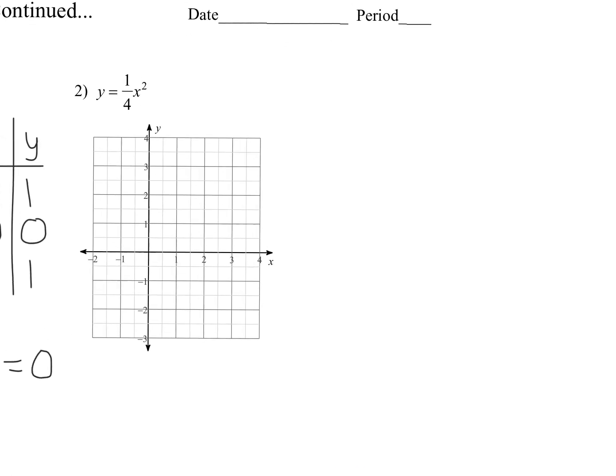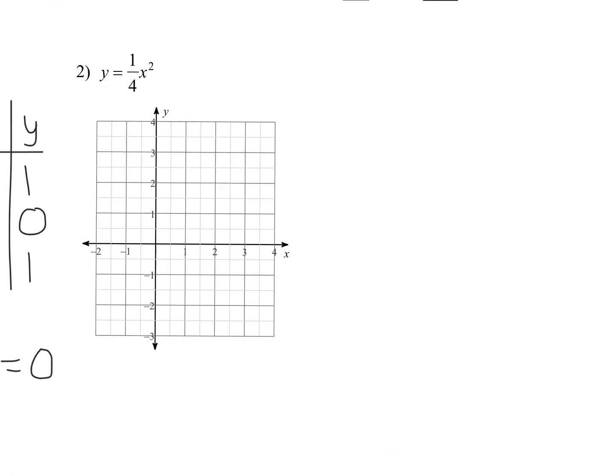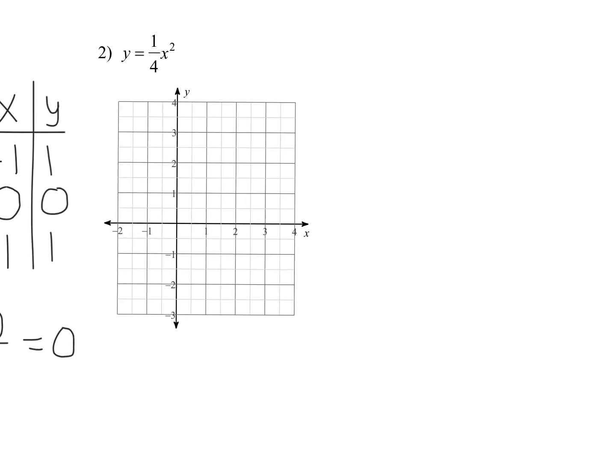I know I went a little backwards, but why do you think I did number 2 last? Because it has a fraction. Nobody likes fractions. I don't like fractions. Okay? But start with the most important thing. Vertex always. Okay, so find your vertex. What do you notice we don't have? Don't have a b, so it's automatically 0. If I plug in 0, what do I get? 0.